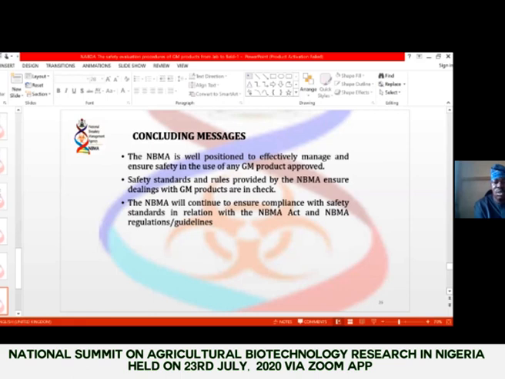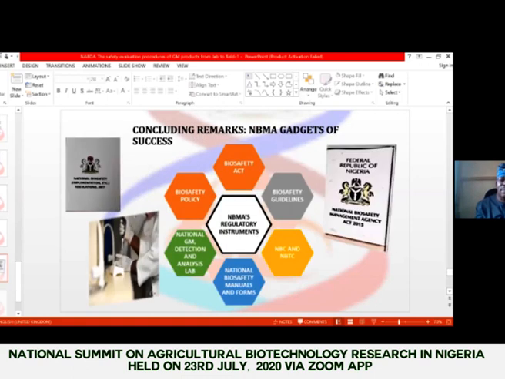NBMA will continue to ensure compliance with safety standards relating to the NBMA Act and NBMA regulations and guidelines in the use of genetically modified organisms. As part of ensuring its effectiveness, working with relevant ministries and agencies, NBMA has developed other guidelines, regulations and documents to effectively ensure biosafety within the country.